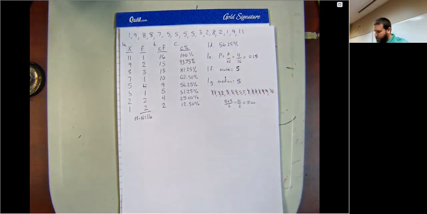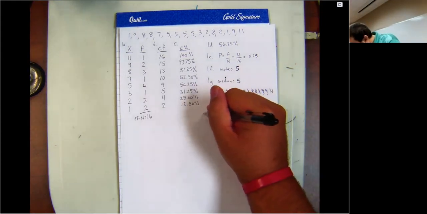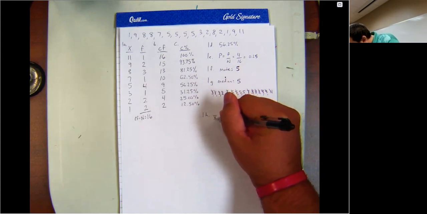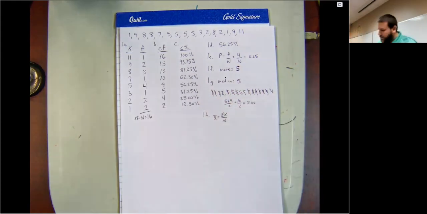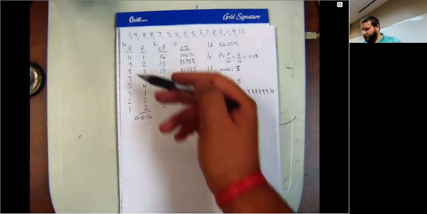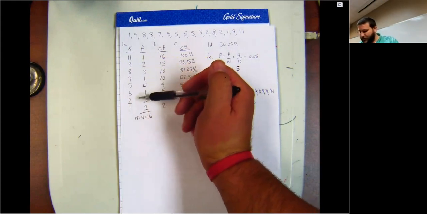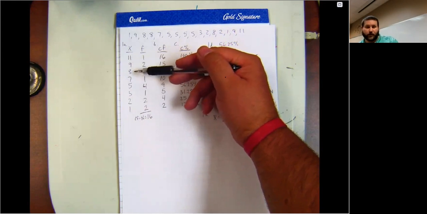Now, 1H asks what is the mean of the distribution. Let's look at that real quick. The formula for a mean is x bar is equal to the sum of x over n. Remember, with the sum of x, we have to add up all raw scores. If we add up our frequency distribution x's, we're going to be missing how many times the x's occurred. So we don't want to use the frequency distribution when we calculate the mean.